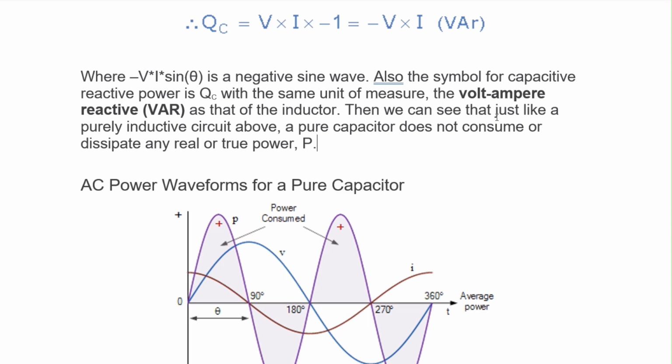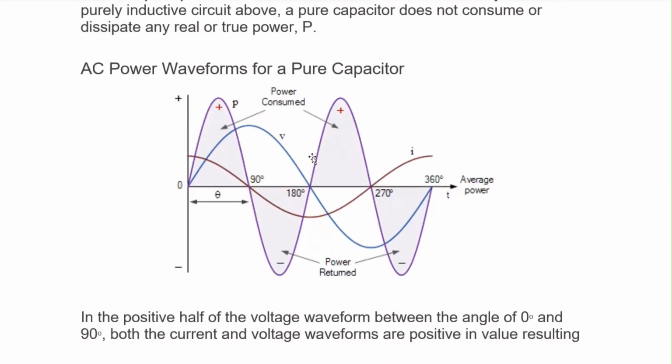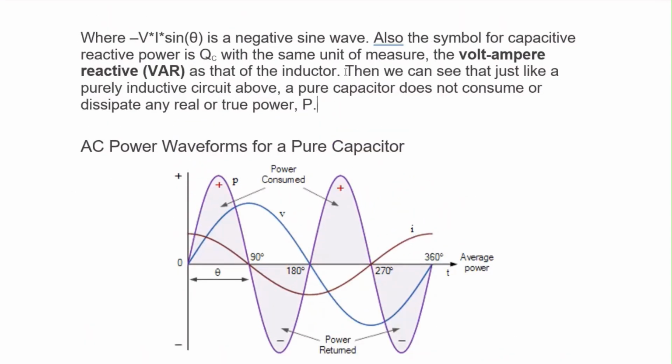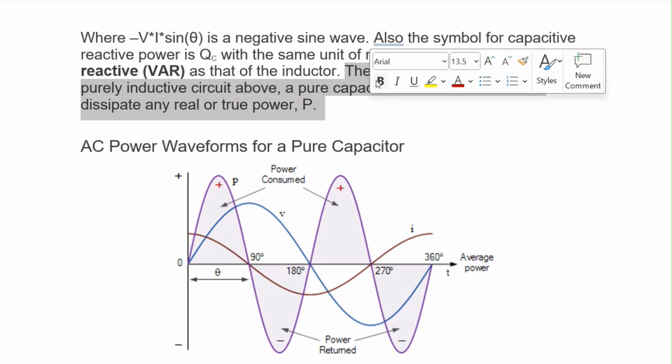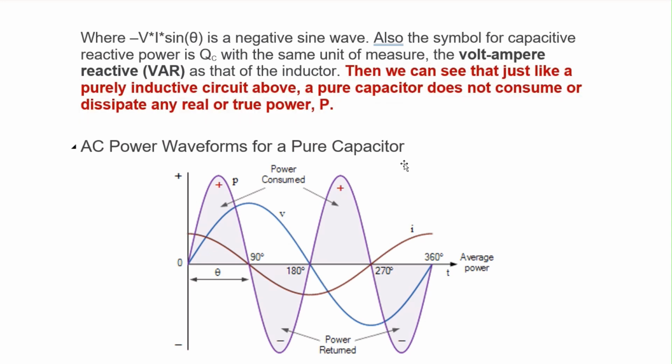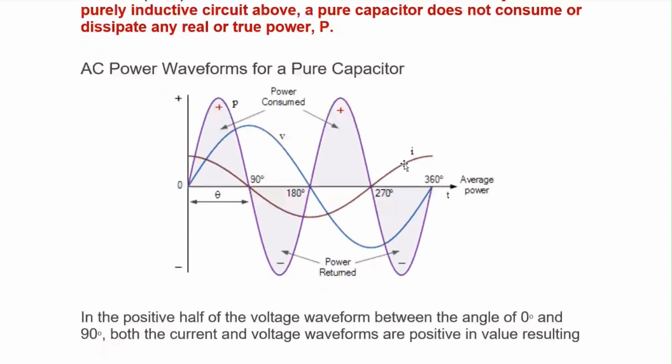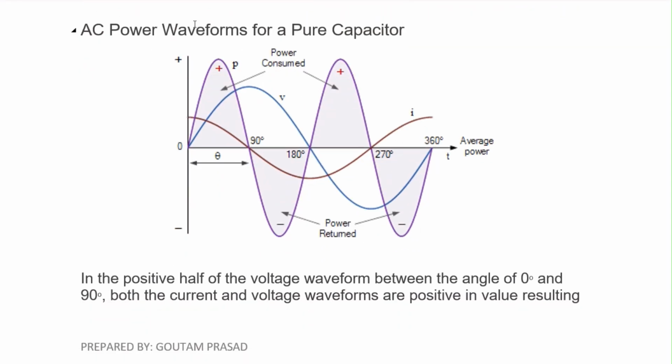Then we can see that just like a purely inductive circuit in the above case, a pure capacitor does not consume any power or dissipate any real power or true power. So that was the conclusion. This conclusion has to be kept in mind whenever you are dealing with a purely capacitive circuit or a real capacitive circuit. So the AC power waveform in the case of a capacitive circuit is just like this.